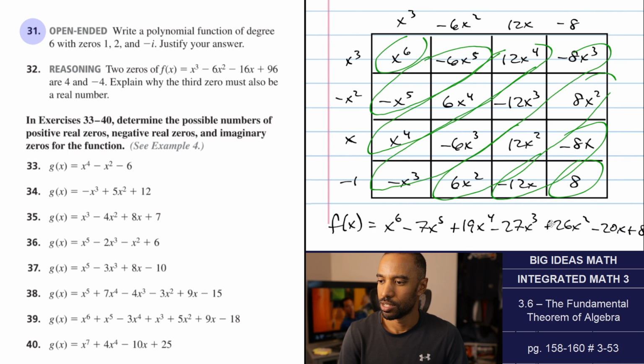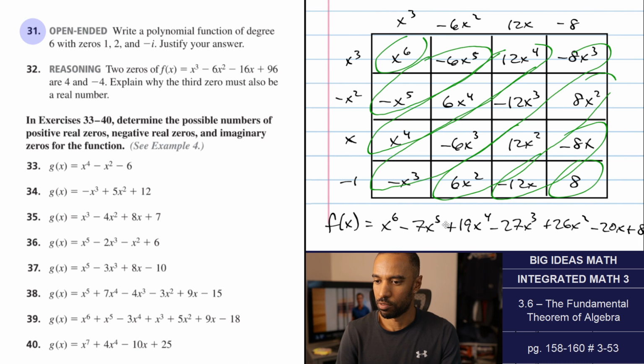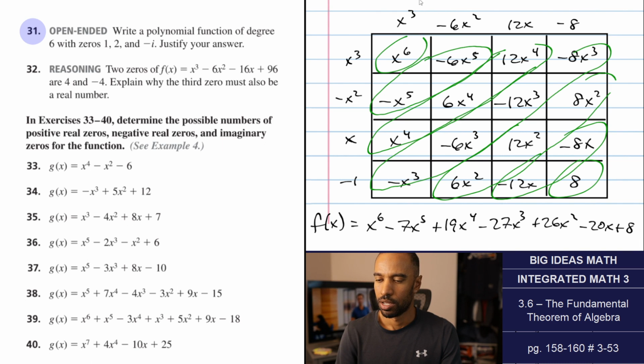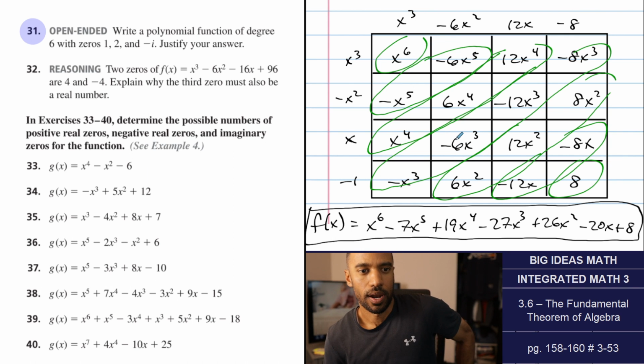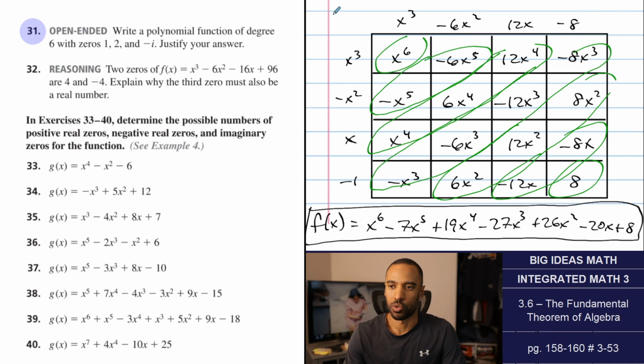Where's my 8? Oh, these are two different things. Okay, 7 terms in this, and I'm sure that's right. I think that I was probably faster doing this than using the rational root theorem, all depending on what would have happened. All right, that was an open-ended one.